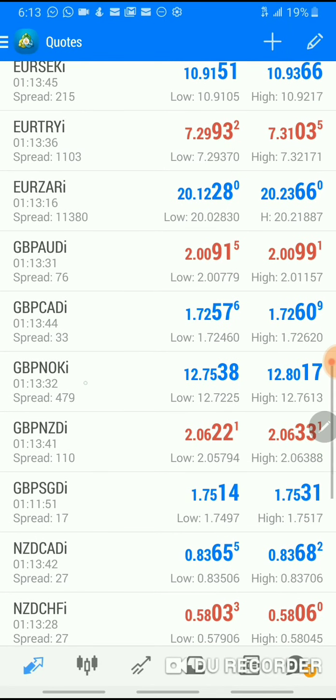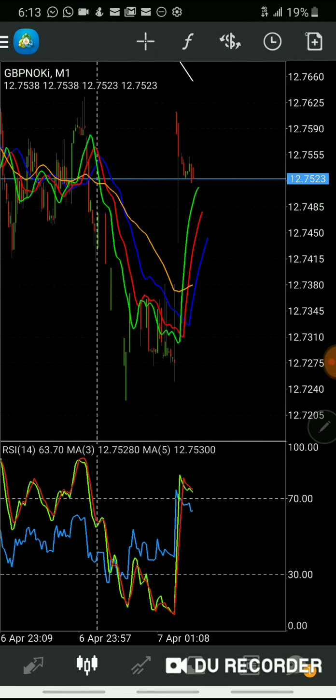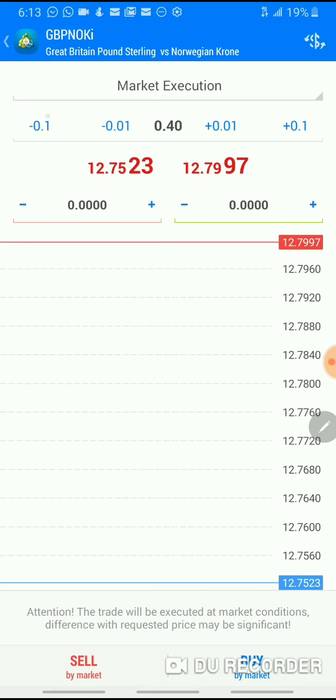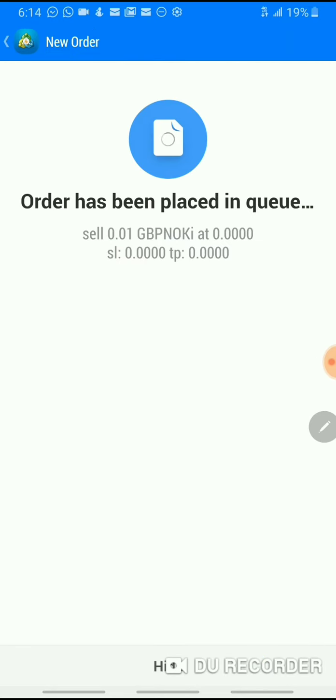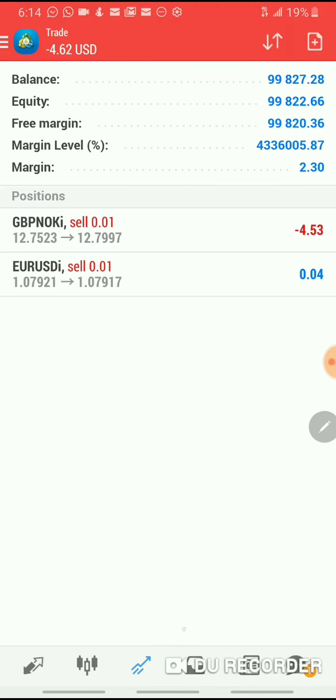There is something GBP NOK. Watch this spread, it's 4 something, and we are going to take a trade on it. A 1 cent trade, and we're going to sell it. They're going to put me in about a $4 loss. Look, $4 loss automatically on a 1 cent trade. All right, so that is practically about 45 pips. They put me in loss.